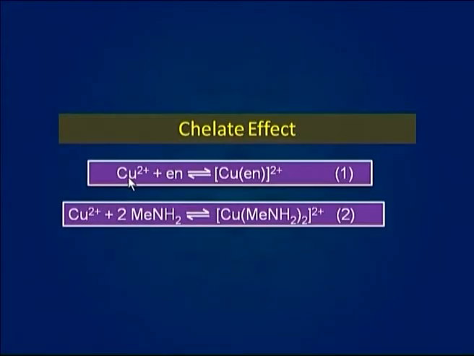For example, if we take 2 complexes, one with chelating ligand and one with monodentate ligands, you can see copper 2 plus plus ethylene diamine giving you ethylene diamine copper 2 plus ion.